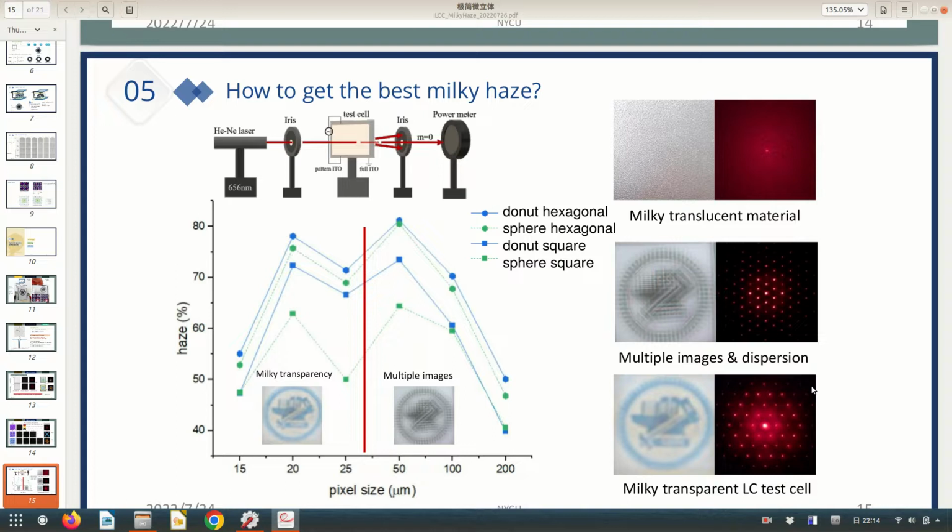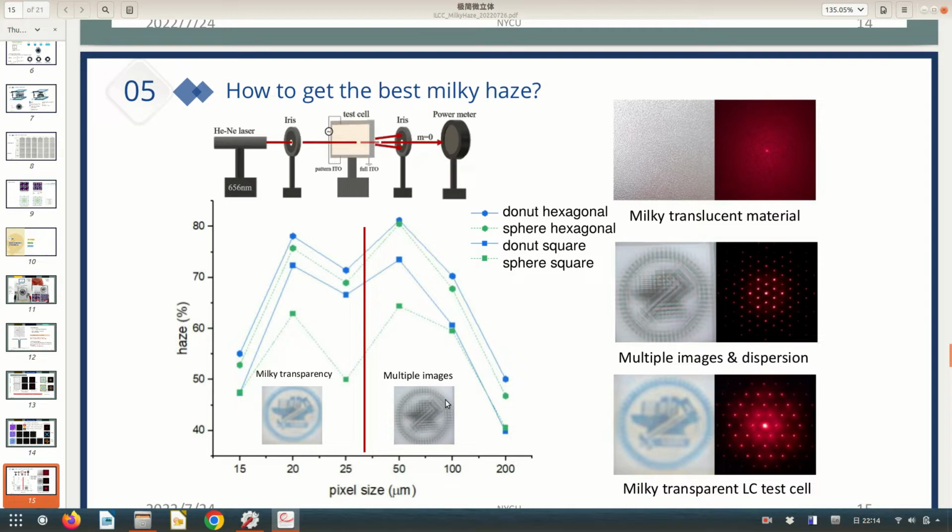However, that measurement shows that the milky translucent test cells give a large haze, but a test cell like this with strong diffraction, strong dispersion, and strong glittering effect gives a high haze too. And this one is the comfortable one, and this one is not very easy to look at, it's very sharp.